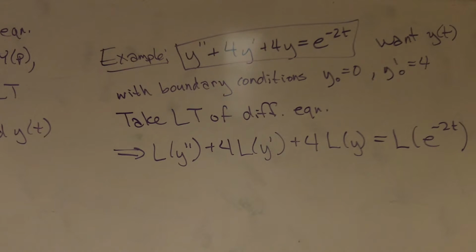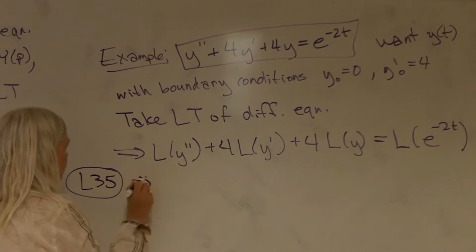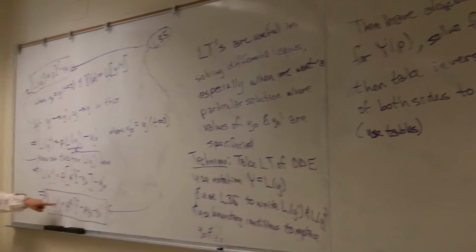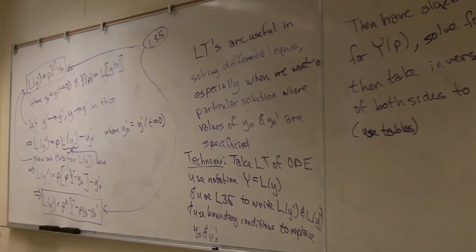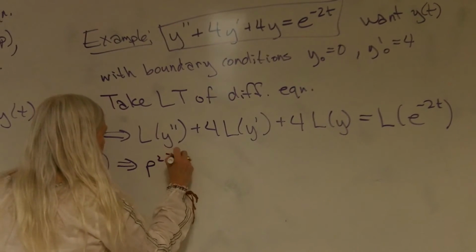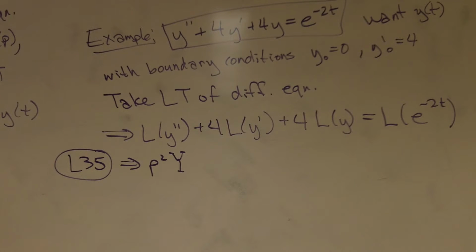Okay, and then we're going to use L35, which are these two equations over here, and again, that's an entry in that table. It tells me the Laplace transform of y double prime equals p squared times capital Y. And remember that capital Y stands for the Laplace transform of little y.